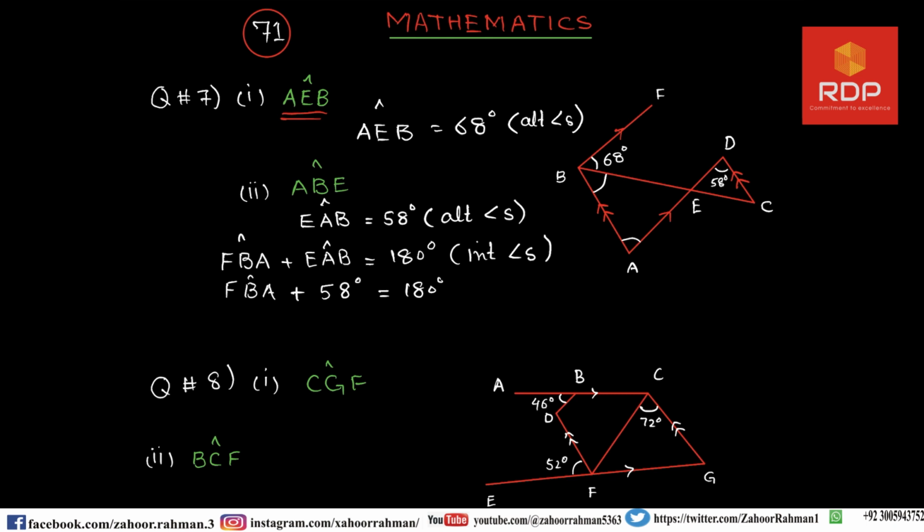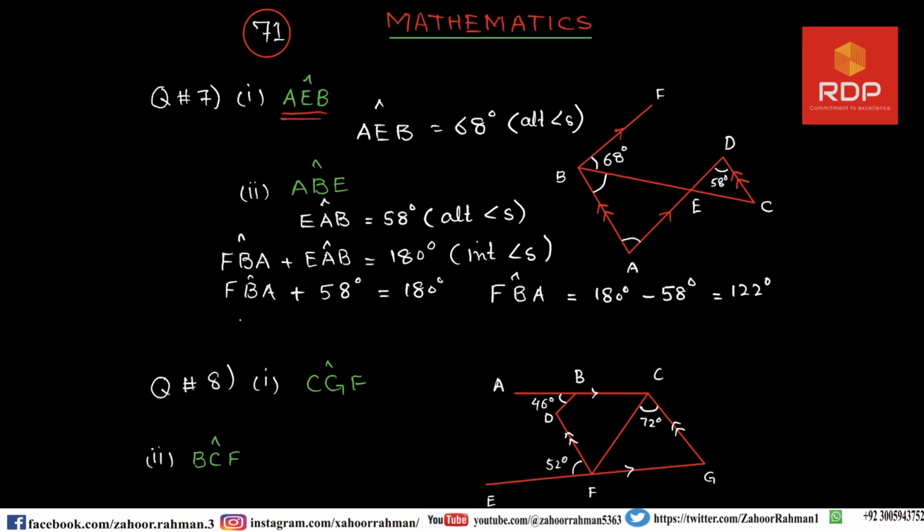Now we can write FBA is equal to 180 degrees minus 58 degrees, and when we calculate it, that will be equal to 122 degrees. So we found FBA to be 122 degrees.